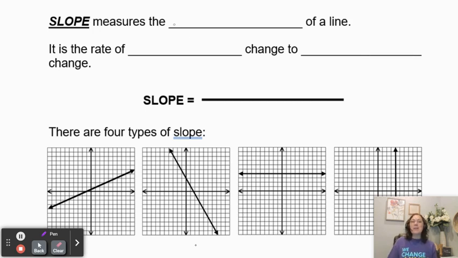Now, slope measures the steepness of a line. So it tells us how either steep or flat a line is. And it is the rate of change in y. So we'll say it is the rate of y's change to x's change. So what do we mean by that?